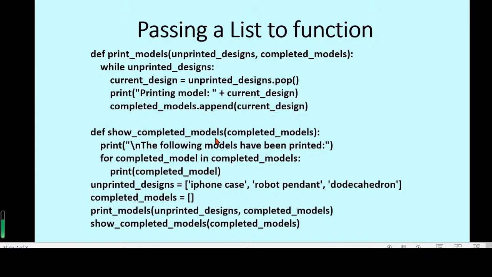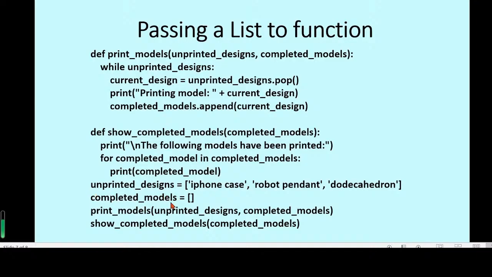Next, another function called showCompletedModels with one list as parameter, completed models. We print a message, then for each completed model in the completed models list, we print this model. When we call these functions, we first define two lists. One is unprinted designs with 3 elements.